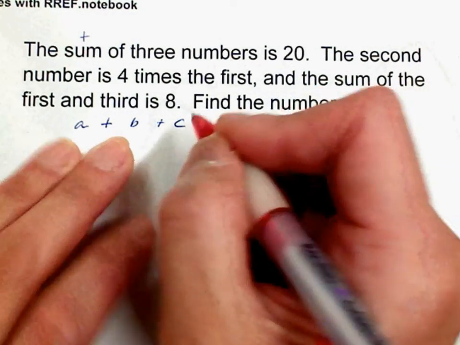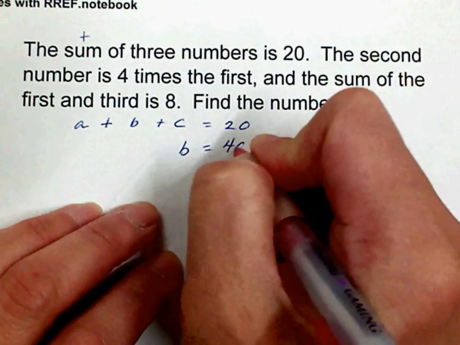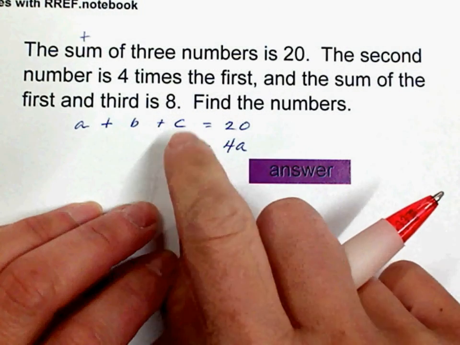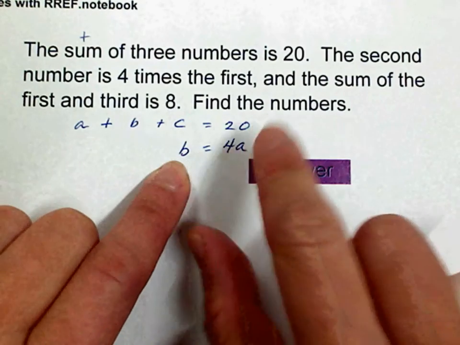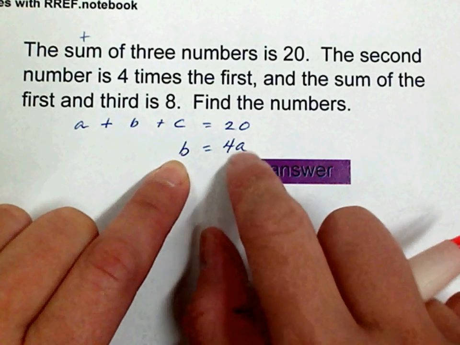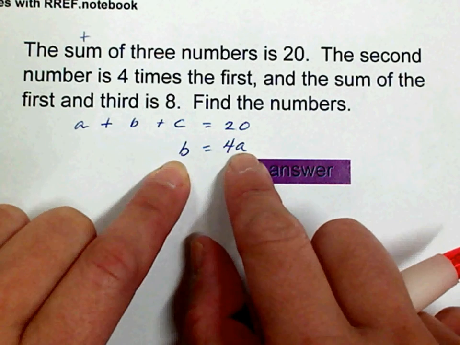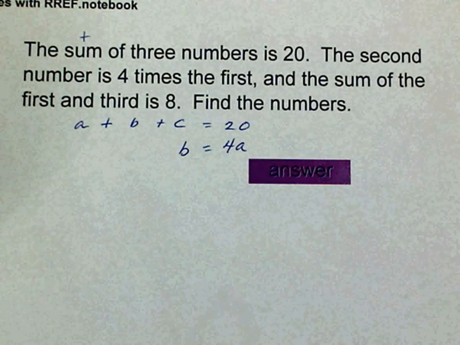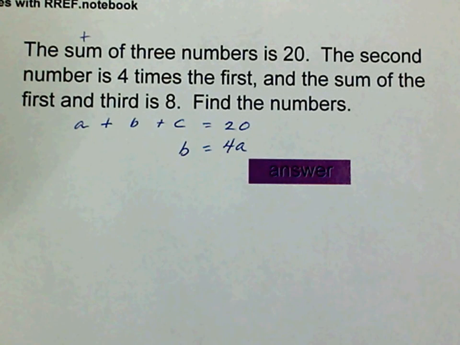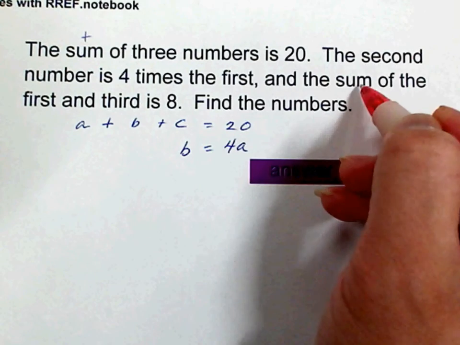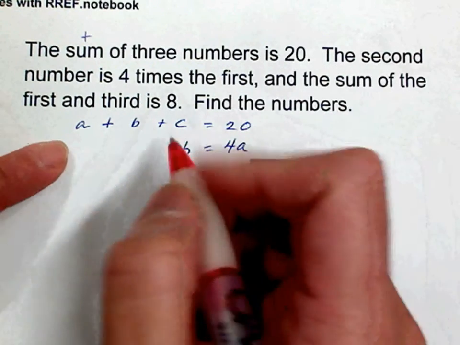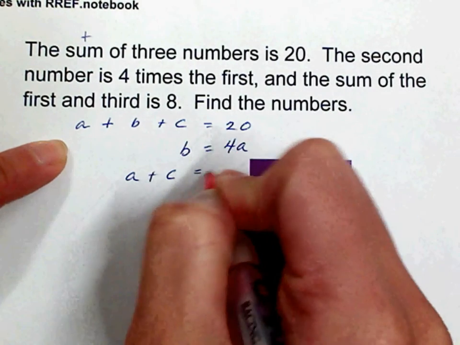So B is equal to 4A. So if A is 2, 4 times 2 is 8. Do you see how that second number is 4 times the first? The sum of the first and the third, which is A plus C, is equal to 8. Find those numbers.